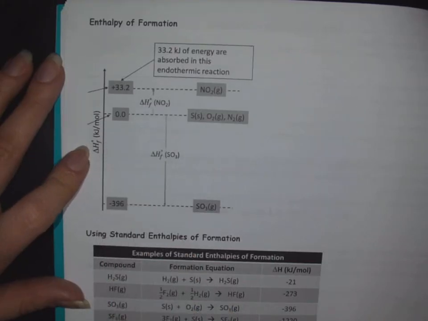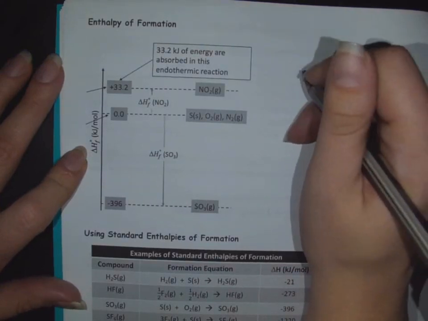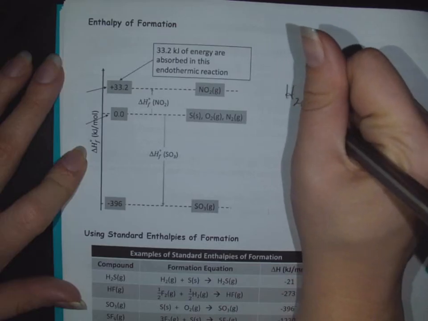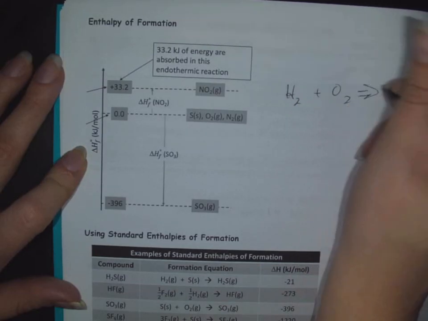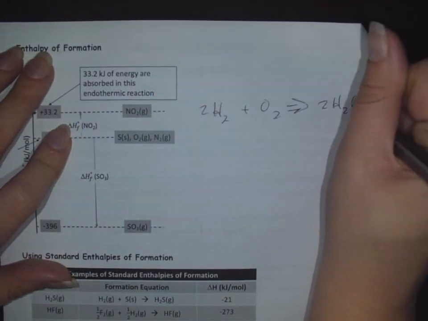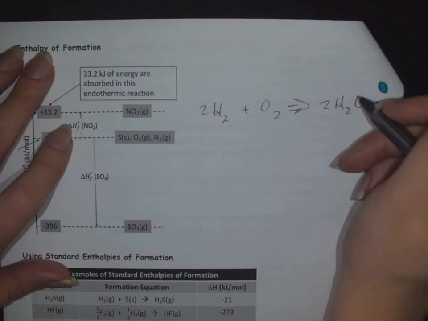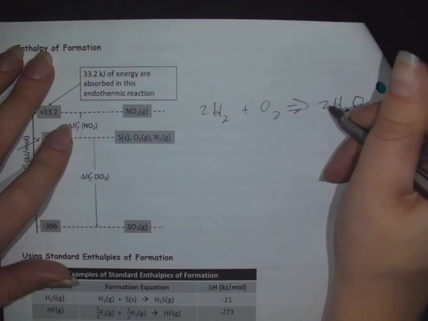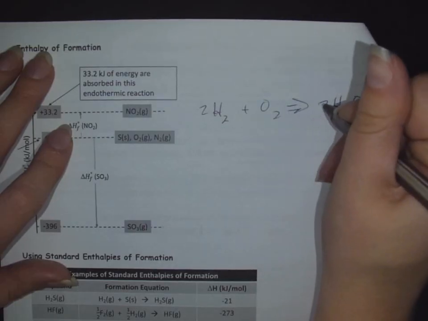So if I were to look at a chemical reaction like H2 plus O2 turns into 2H2O, there's a couple things I'd have to do. First off, it would be the formation of water, but I can't have this be a 2. It's got to be 1 mole, and so I've got to divide everything by 2.